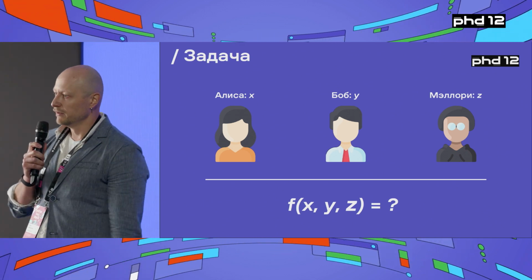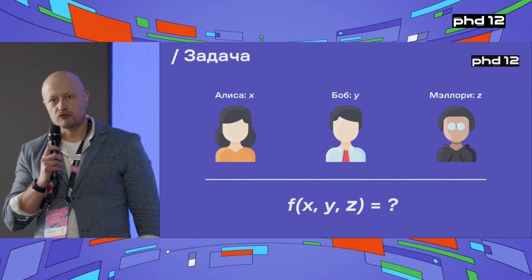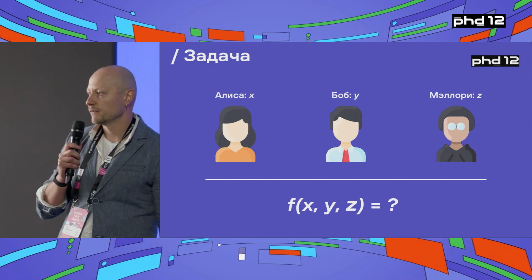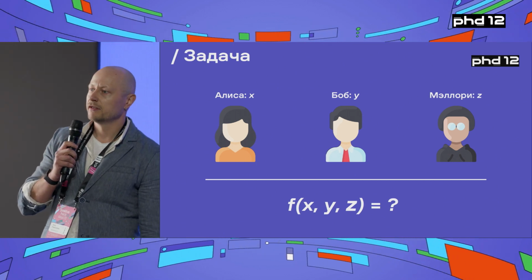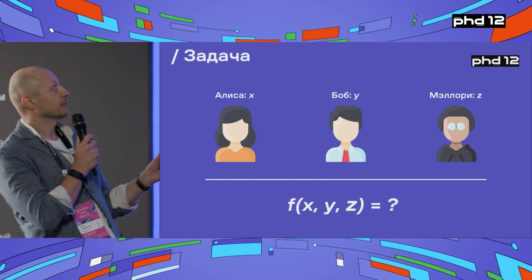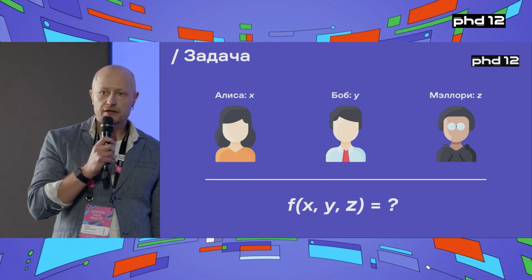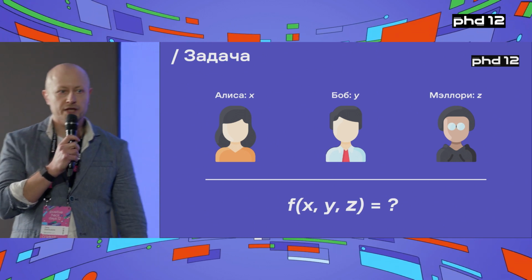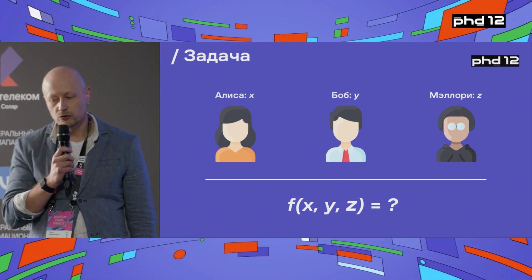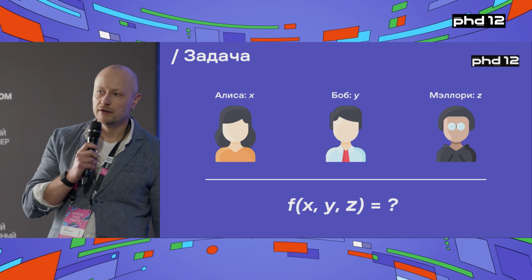Multi-party computation. It is cool, but what task does it solve, and why do we need it? To answer this question, let's imagine we have three people, Alice, Bob, and Mallory, and they're quite secret. They have secrets from each other.